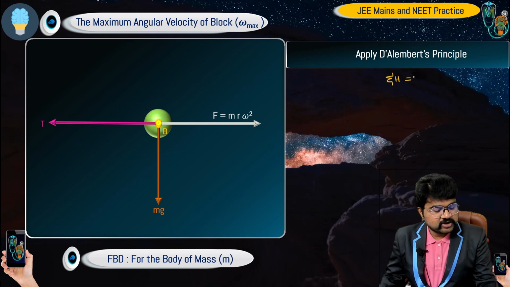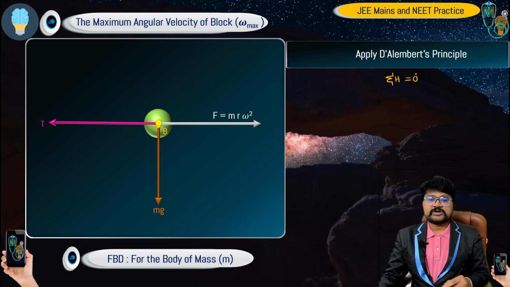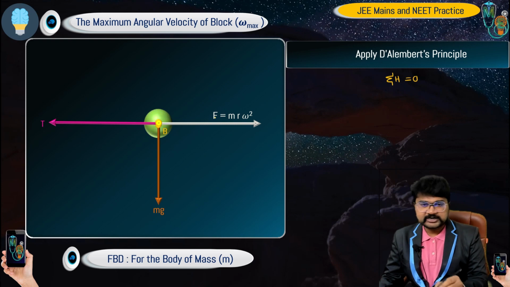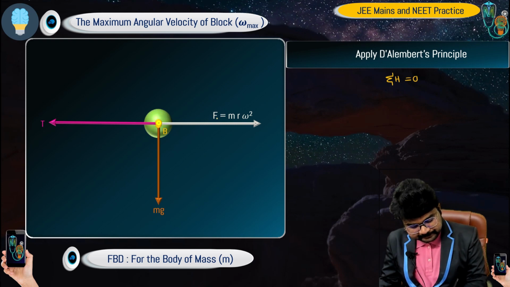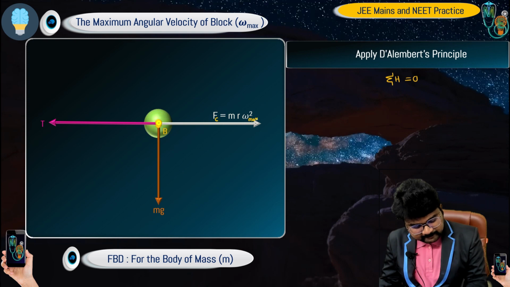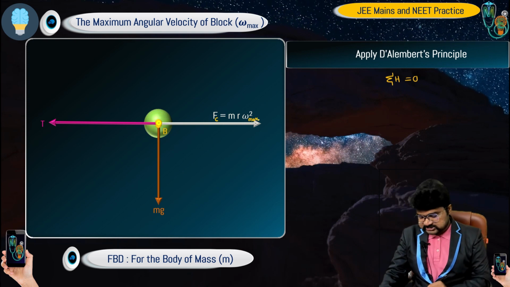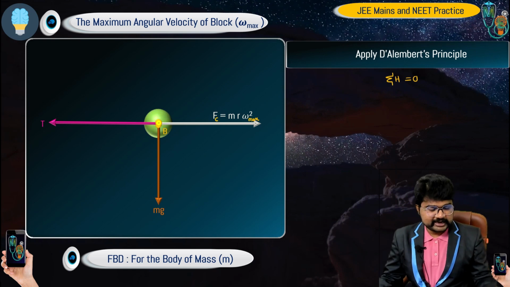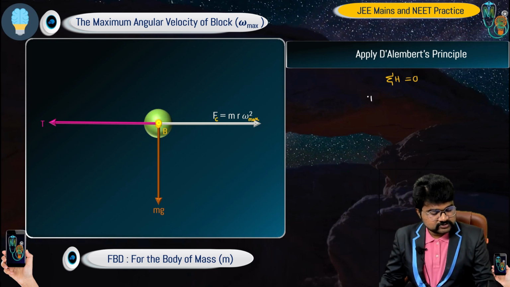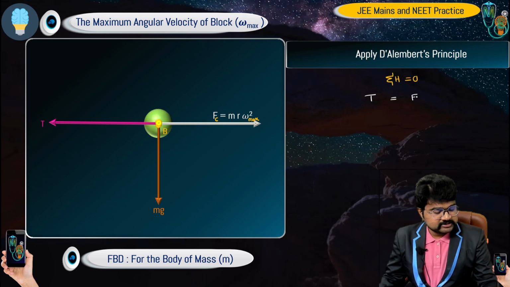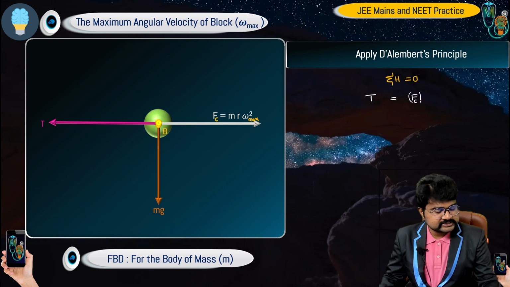Centrifugal force is acting away from the center of the circular path. Sum of the left forces equal to sum of the right forces. This would be tension equal to maximum centrifugal force.